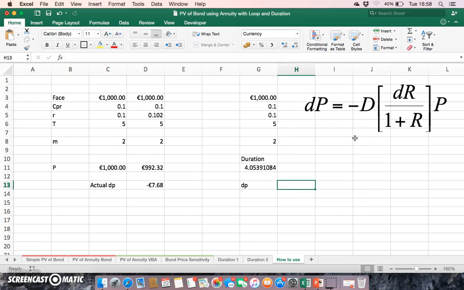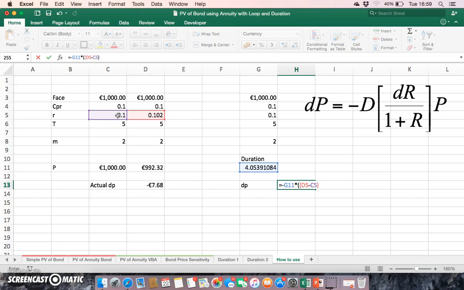So equal to negative D, is this value here, because that's what we worked out the duration to be for this bond using our function, times the change in the interest rate, which we could say is equal to this value minus this value.